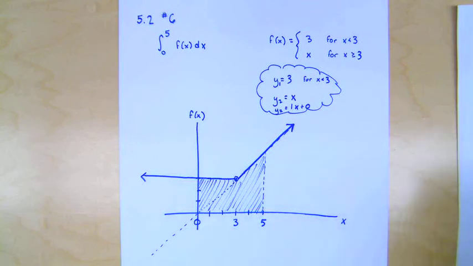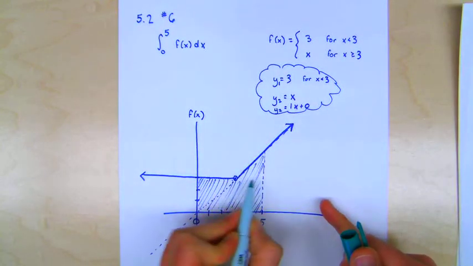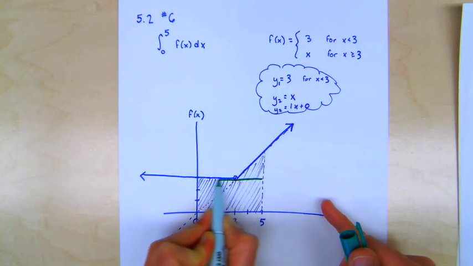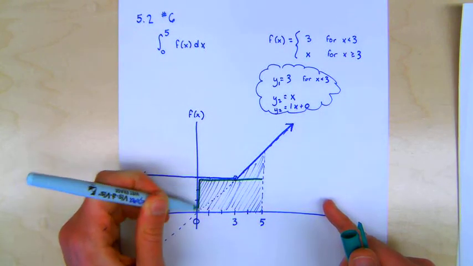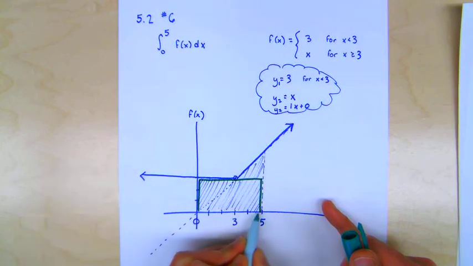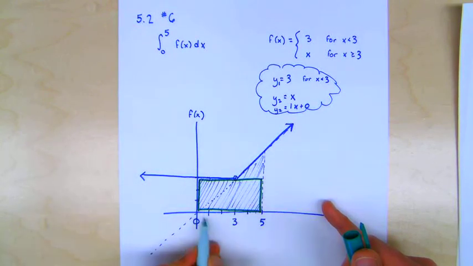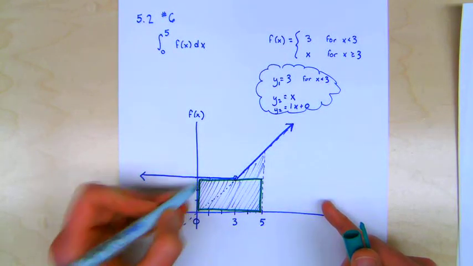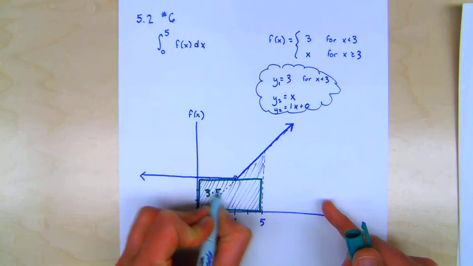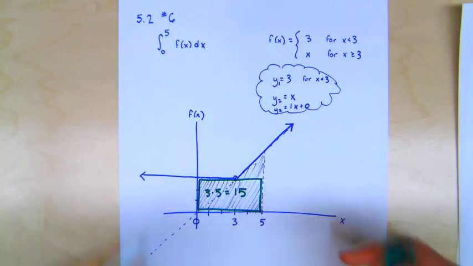So, yeah, let's break it up. Here's the green piece. You can do it however you want. I'm going to break it up into a rectangle and a triangle because those are the easiest areas. This rectangle has a base of 5 and a height of 3, so it has a total area of 15.